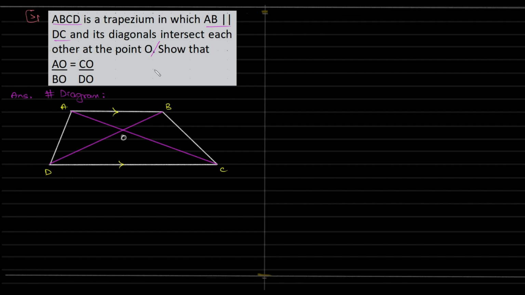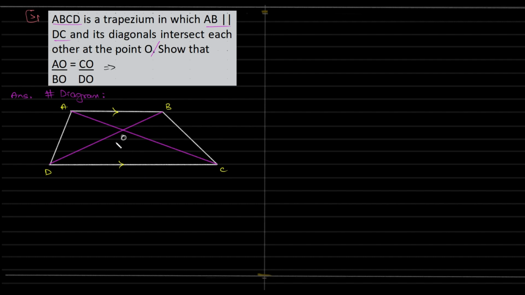See, whenever you get such a weird question, rearrange it, because it's not even making sense. AO by OB is in this triangle and OC by OD. But as for BPT, it has to be in the same triangle, is it not?